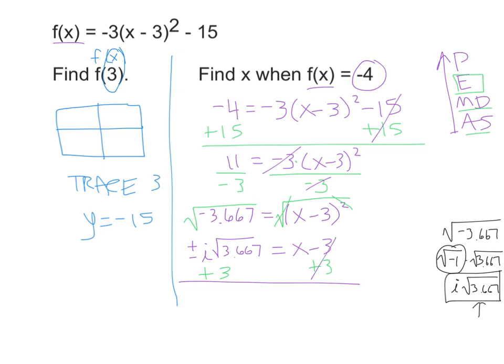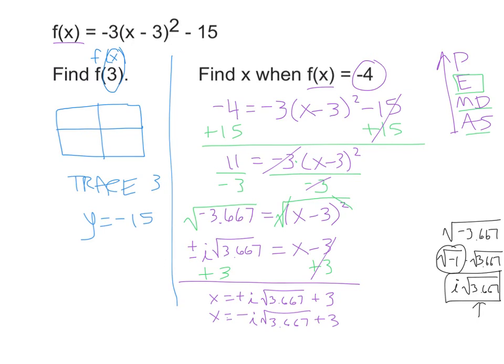We are going to rewrite it together, okay? So again, we're writing x equals, we've got positive i root 3.667 plus 3, and we've got negative i root 3.667 plus 3. And that's it.